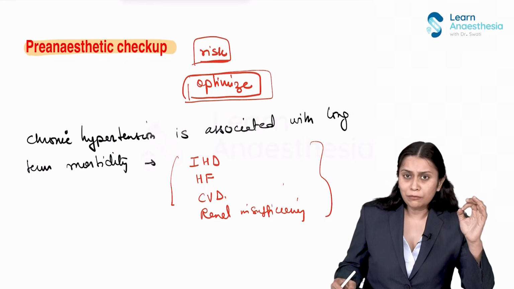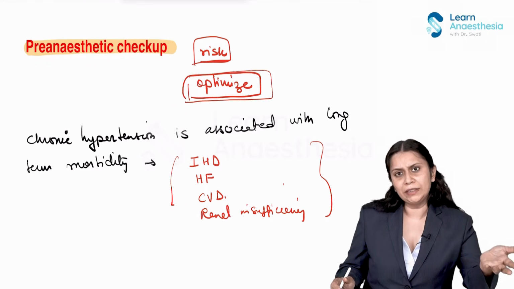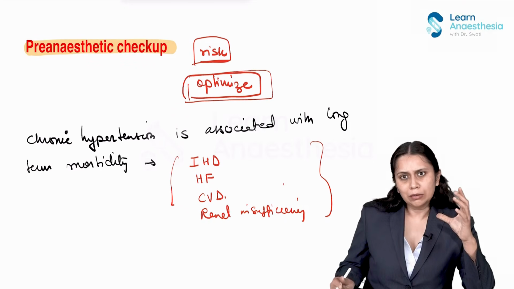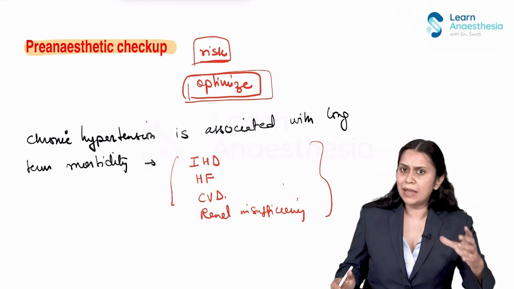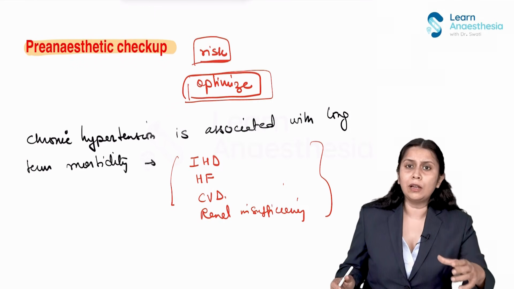Now, one very important thing that we need to know when we are evaluating these patients is that the risk in these patients depends on the severity of hypertension and the duration of hypertension.